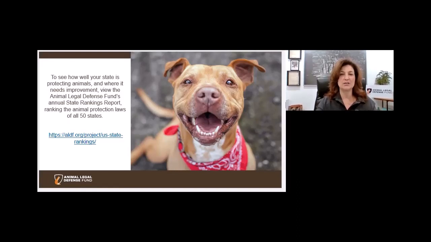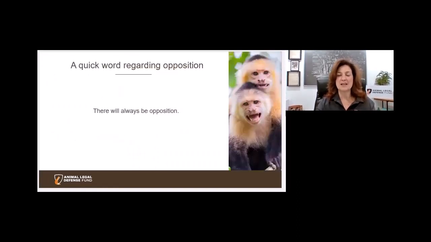And we certainly would be remiss if we did not address and discuss opposition, because there will always be opposition, even on the bills that have overwhelming bipartisan support. The unfortunate reality is that there are industries and individuals who don't want things to change and will continue to abuse animals if we don't enact laws to protect them.